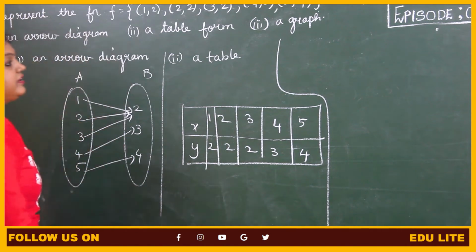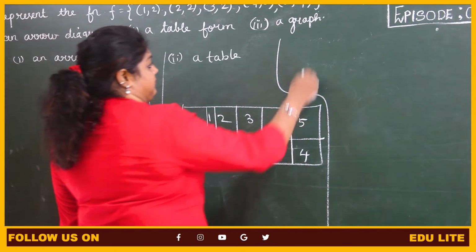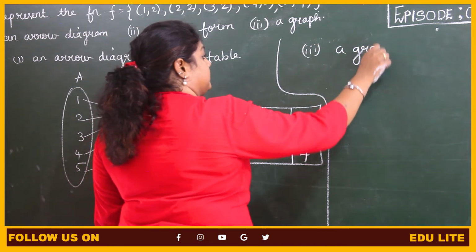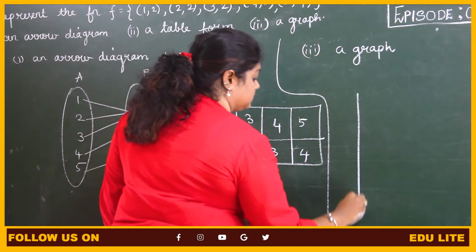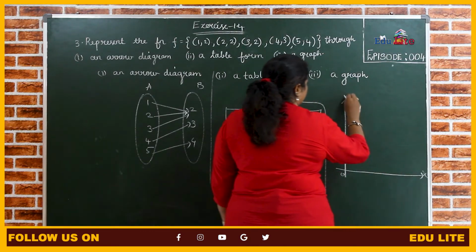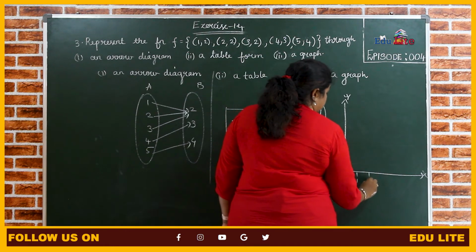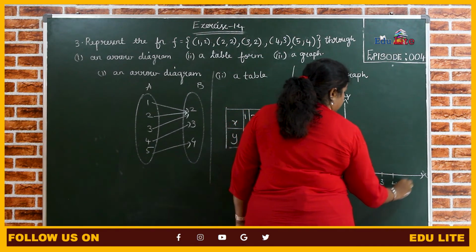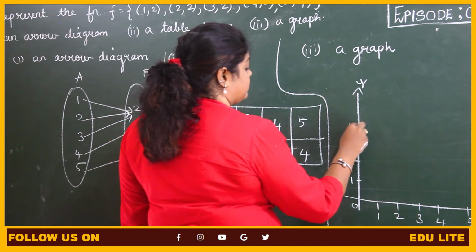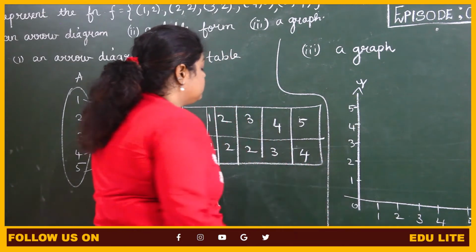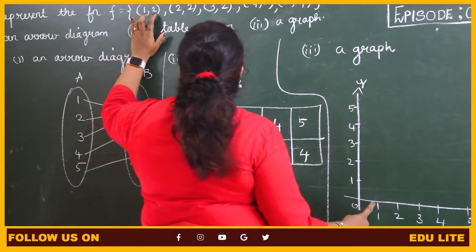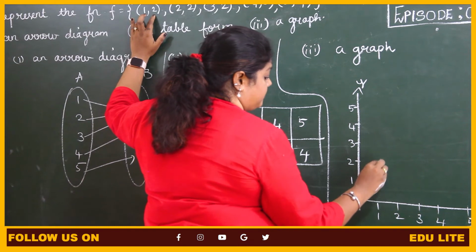And the third option we have to represent it in a graph. X-axis, Y-axis, 1, 2, 3, 4, 5. So first point is 1, 2, at X, 1, at Y, 2.